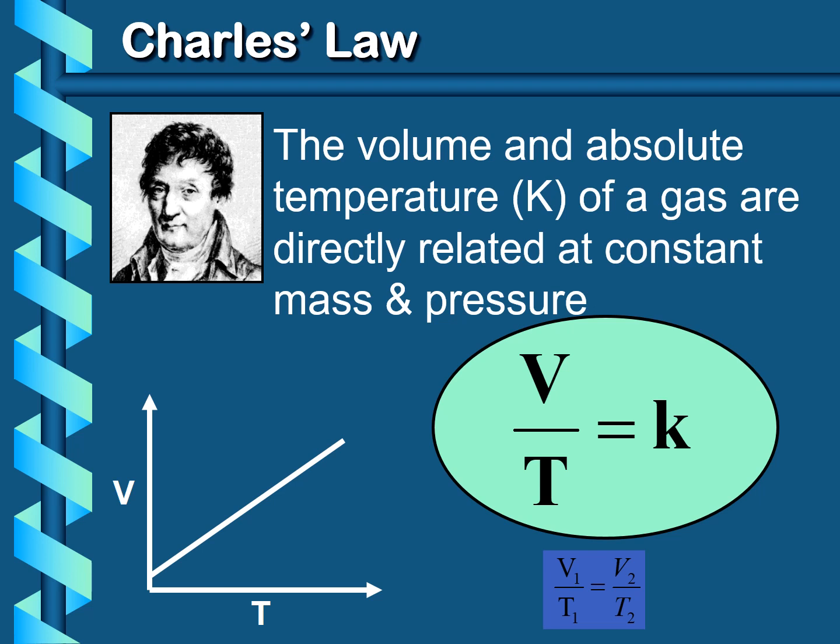Directly related or directly proportional means that when the volume increases, the temperature of the gas also increases. This gives us the equation of Charles' law, which is volume 1 over temperature 1, or V1 over T1, is equal to V2 over T2.